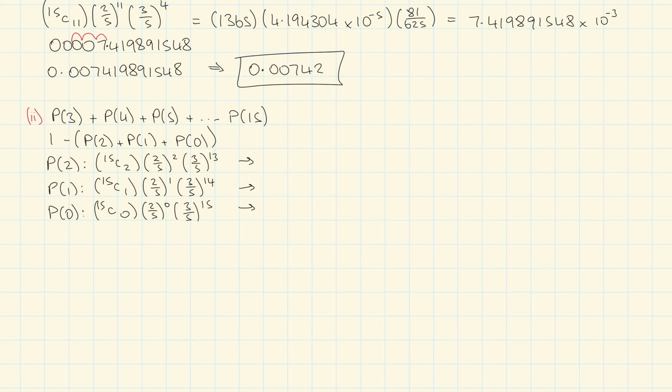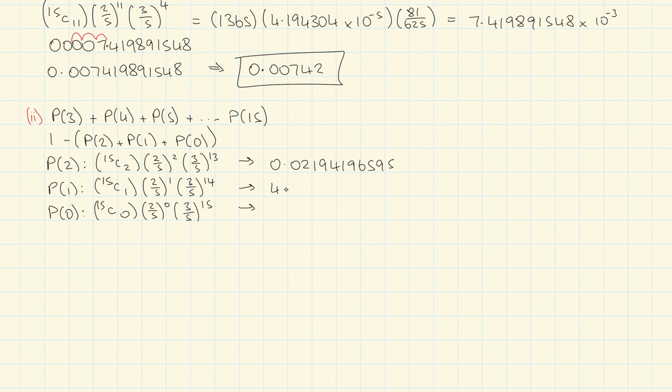Okay, we'll put these into the calculator as 1 this time. So 15 choose 2 by 2/5 to the power of 2 by 3/5 to the power of 13 gives back 0.02194196595. Now we have 15 choose 1, 2/5 to the power of 1, 3/5 to the power of 14.